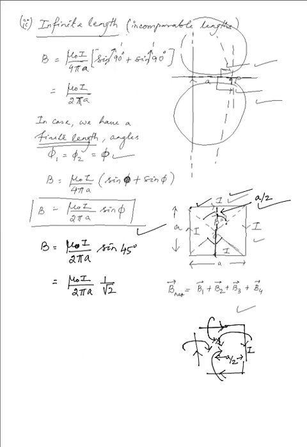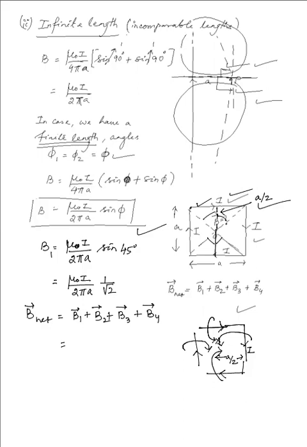So you are going to end up with B net. This is B1. B net, as far as the vector form is concerned, will be into the plane and will be the sum of all the vectors B1, B2, B3 and B4, all along the same direction.